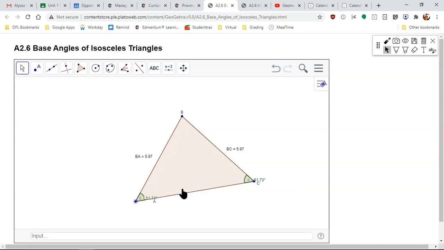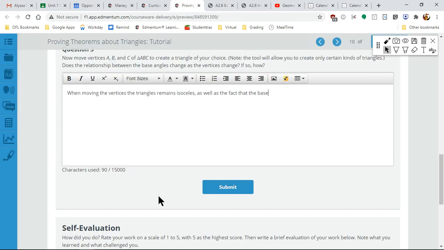This is the base of your triangle, so the base angles are the angles on the base. So basically what we're saying here is that when we move it around, it stays an isosceles triangle and the base angles remain congruent.